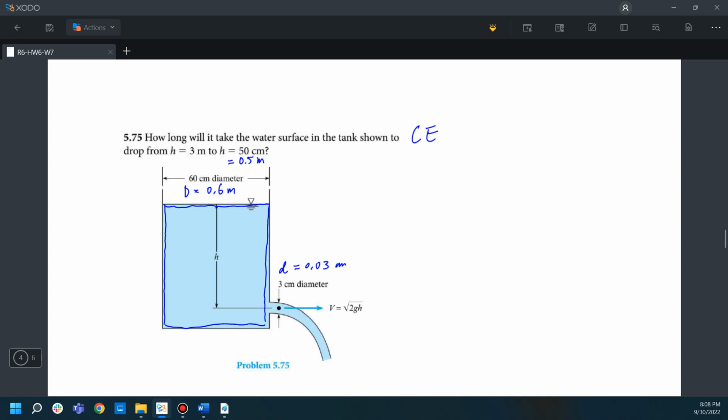Okay, so let's first write down the equation for the continuity equation. It is equal to the control volume term, so partial derivative of the integral of rho dV, plus the integral of rho V dA over the control surface.